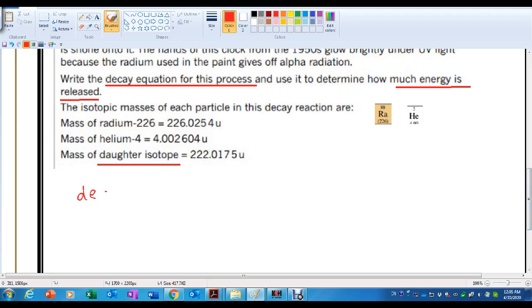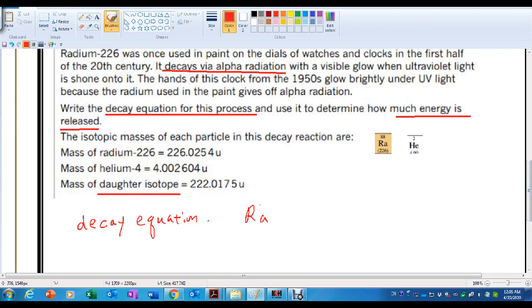So let's write the decay equation of that one. You start with Ra. Do you still remember how to write a decay equation? If you don't, go back to around lesson 18 or 19, I don't remember exactly.